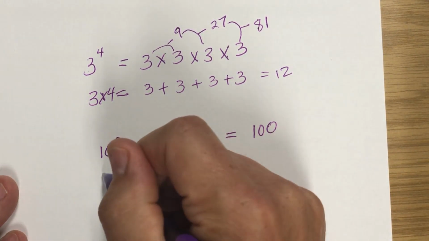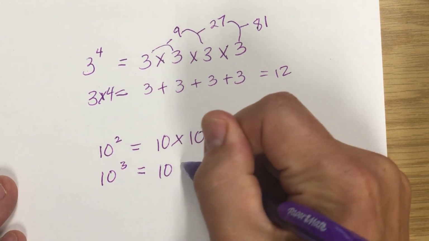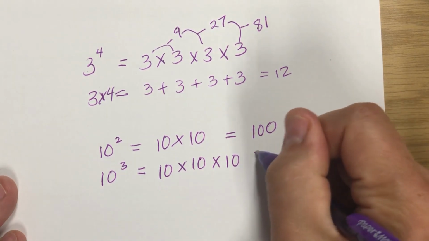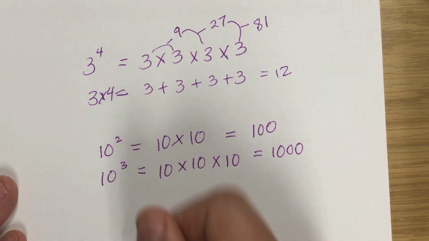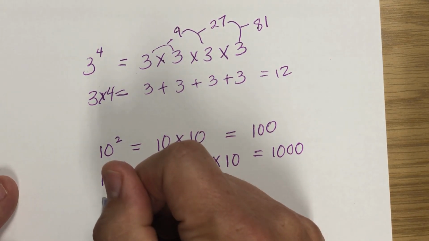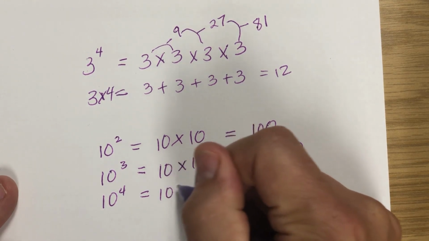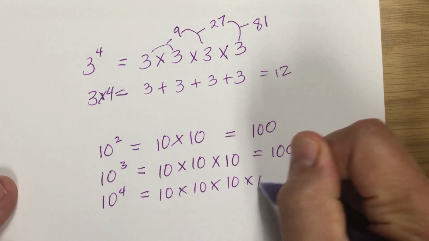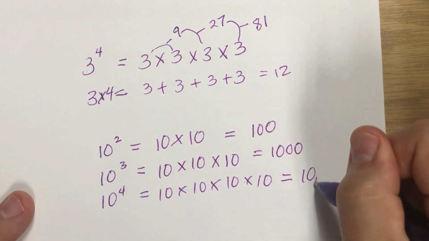If we take 10 to the 3rd power, that equals 10 times 10 times 10, which equals 1,000. If we take 10 to the 4th power, that would be 10 times 10 times 10 times 10, which equals 10,000.